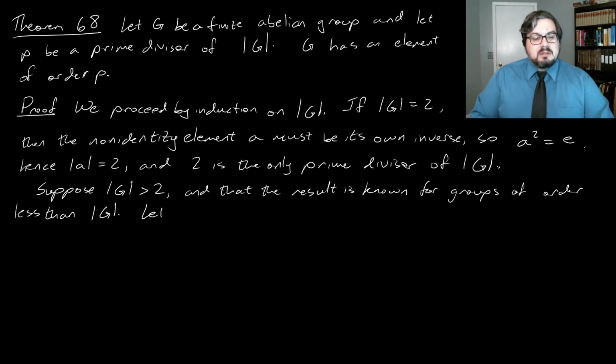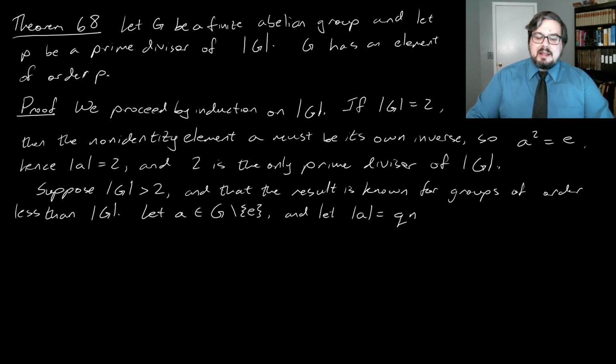Now let's let A be any element of G other than the identity, and let the order of A be qn for some prime number q.